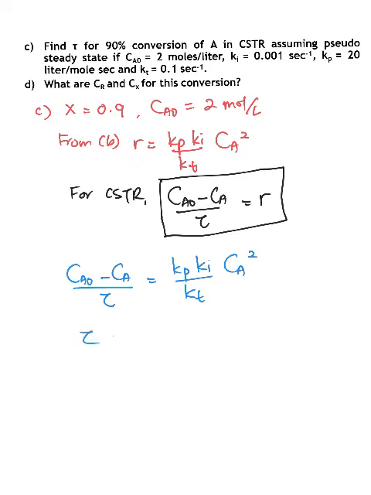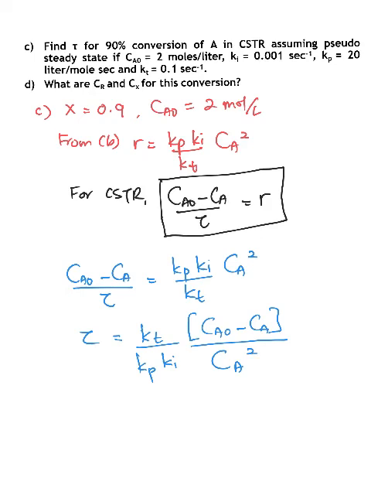So tau equals KT per KP KI, CA naught minus CA per CA square.